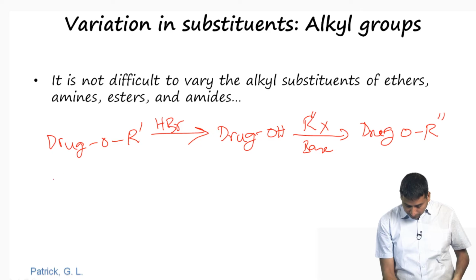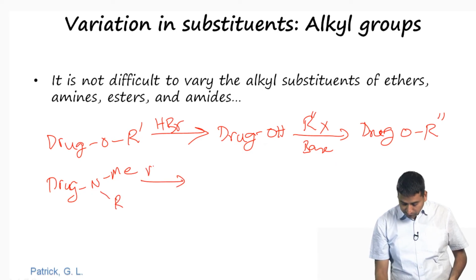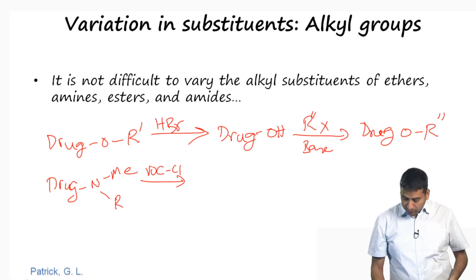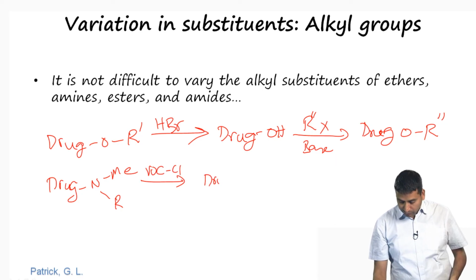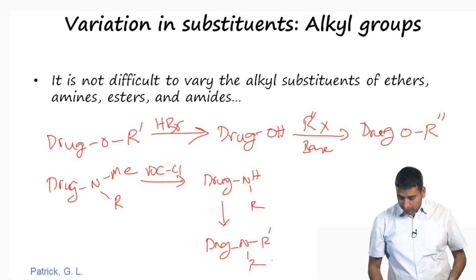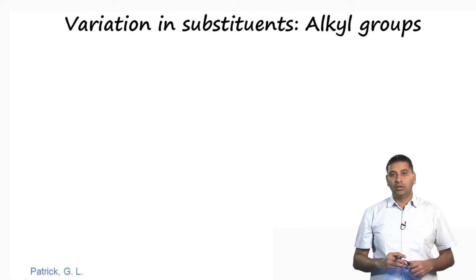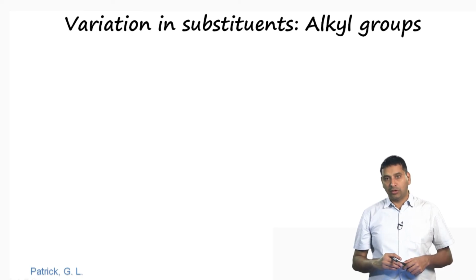Similarly, if you have a drug with an amine, the methylamine for example, what we could do is we have already looked at this vinyl oxy carbonyl chloride, which gives you drug with an NH and R, which can then subsequently be converted to drug with N R prime R. So, this helps us get a new series of compounds. Now, you can also vary alkyl groups on esters.